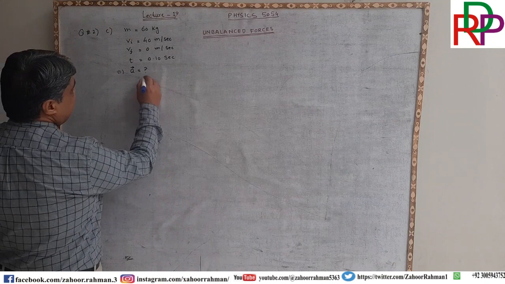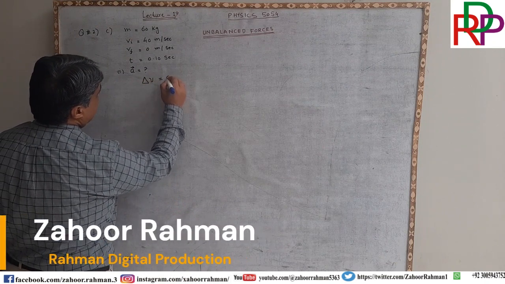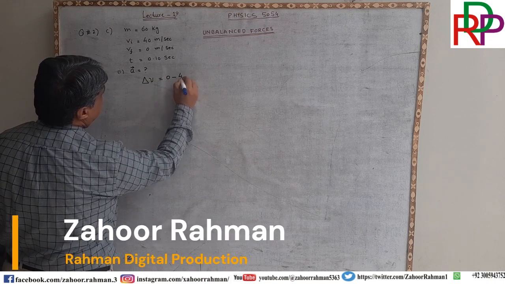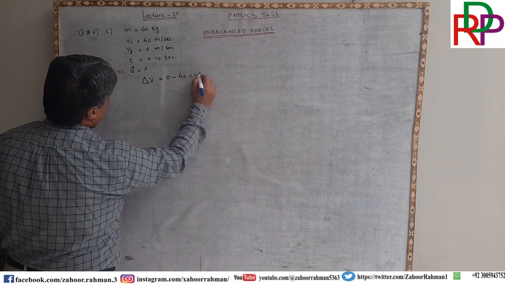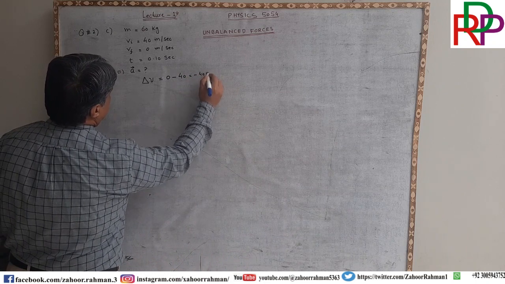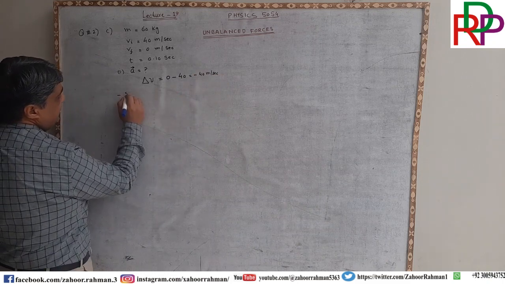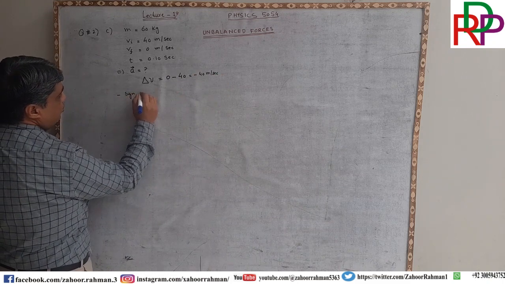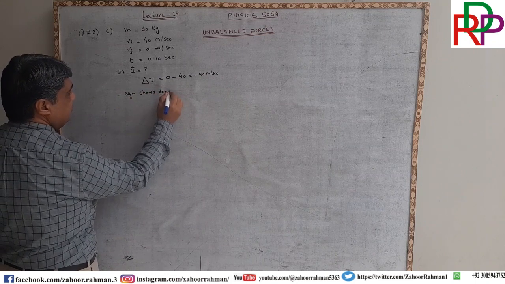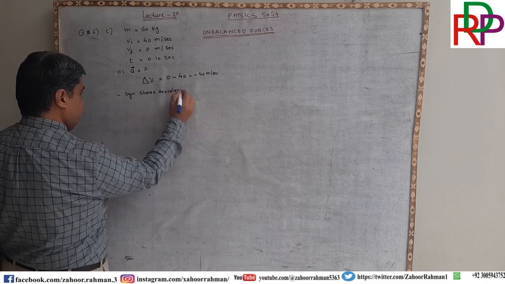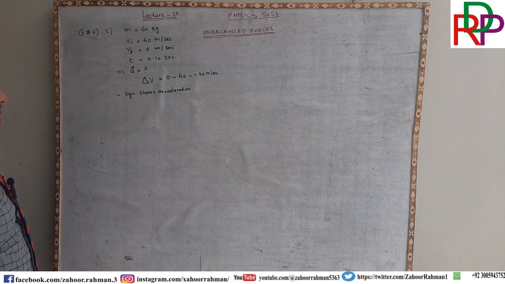First of all, we are writing that delta V is equal to 0 minus 40, which is equal to minus 40 meter per second. Remember that the negative sign shows deceleration, and they want us to find deceleration, so there must be a negative one.